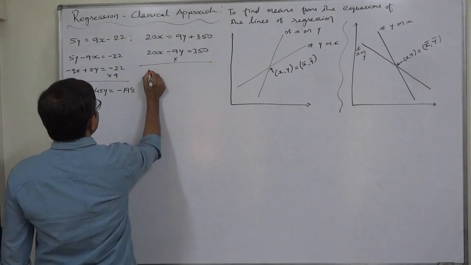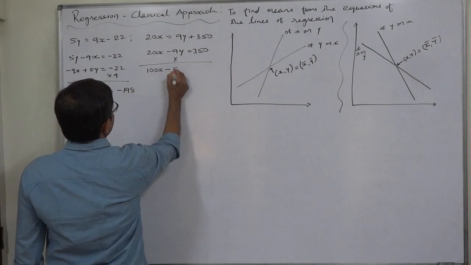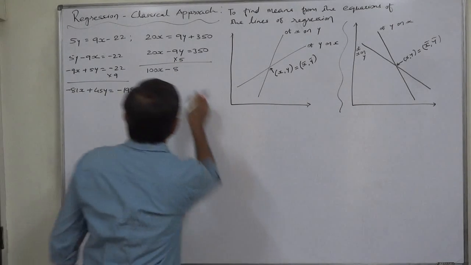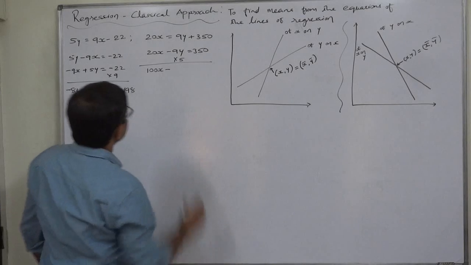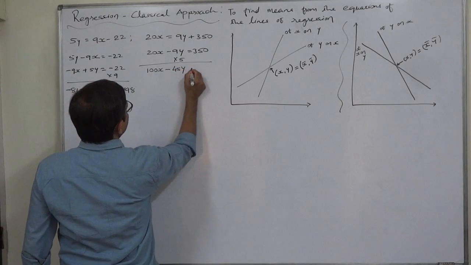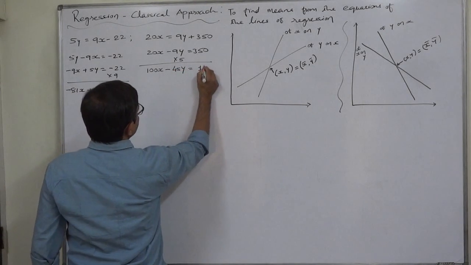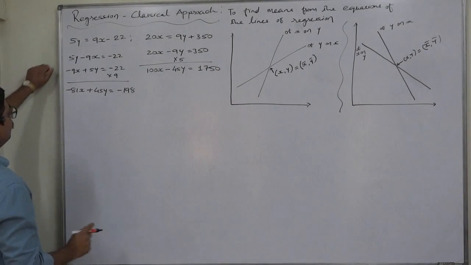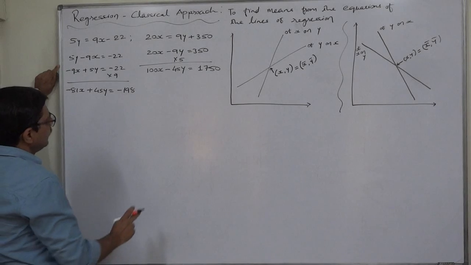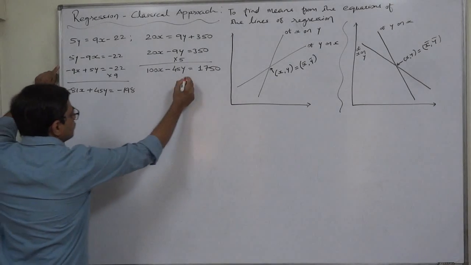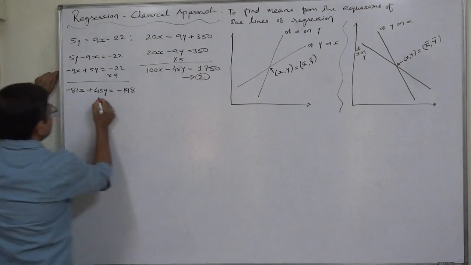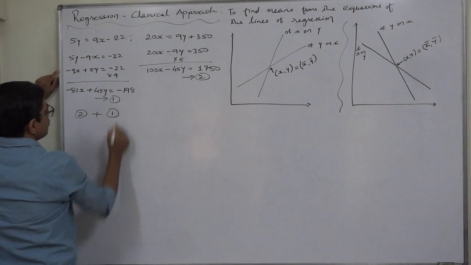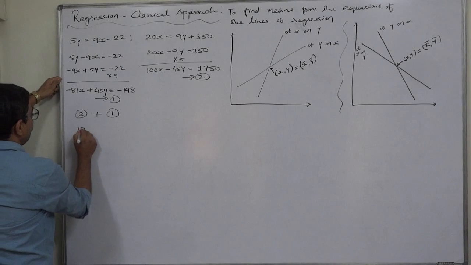So it will be 100x minus 45y equals to 1750. Now let us solve these two. This is just addition. Say this is equation number 2, this is equation number 1. Let us have equation number 2 plus 1.